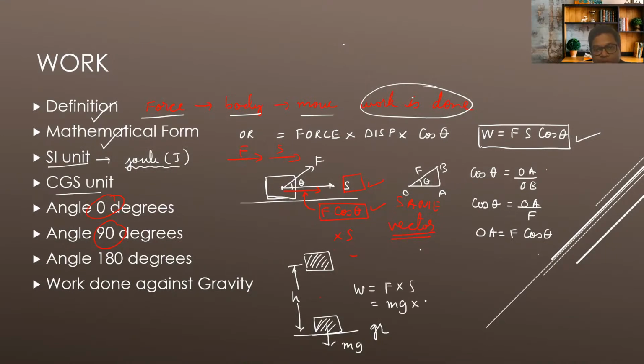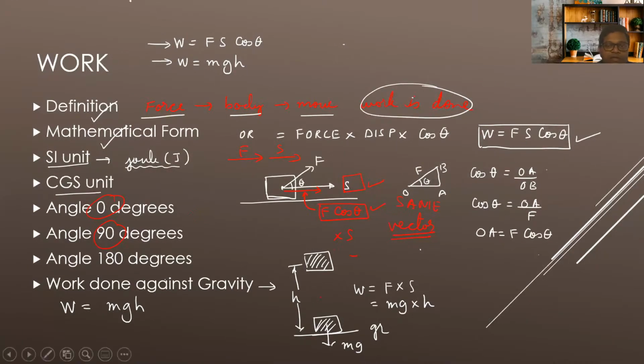Force is equal to mg, and the displacement is h. So when I have work done by gravity, I write W is equal to mgh. So basically, I have W is equal to Fs cos theta and W is equal to mgh as my two formulas. This is how we calculate work done by gravity.